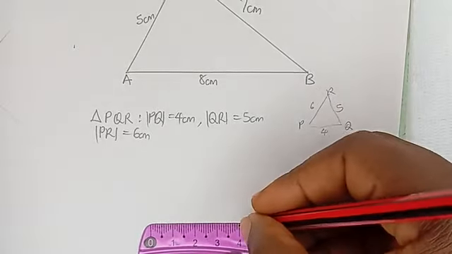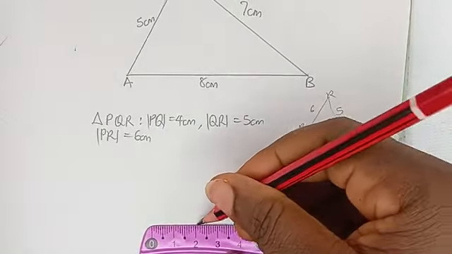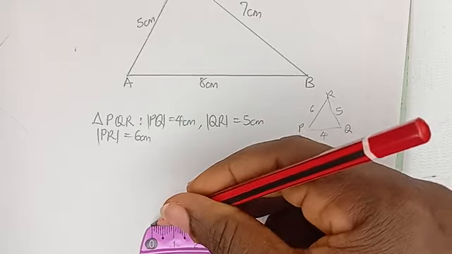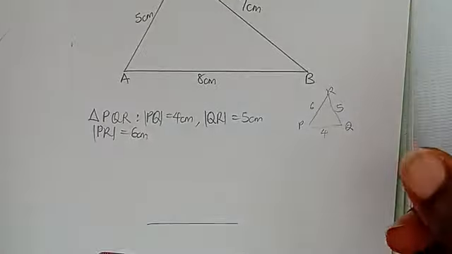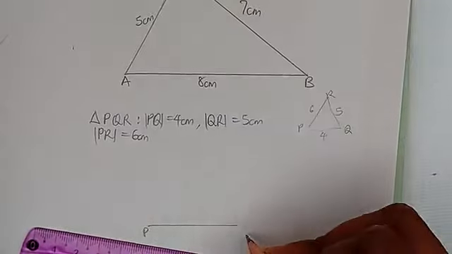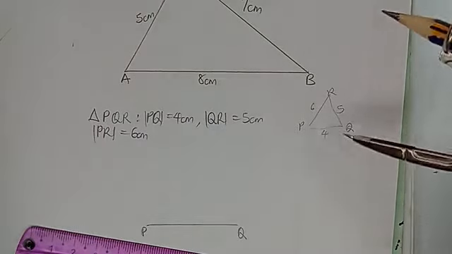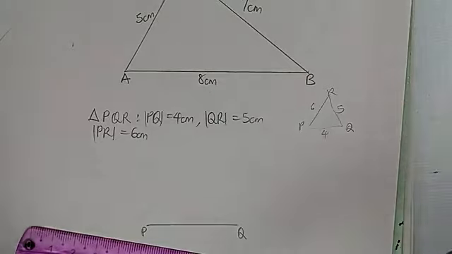So when we draw the 4 cm line from this point to this point, exactly 4 cm, then we call it PQ. So this is the importance of having a sketch.